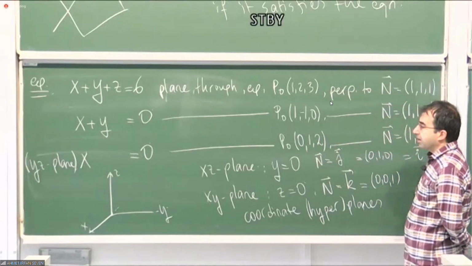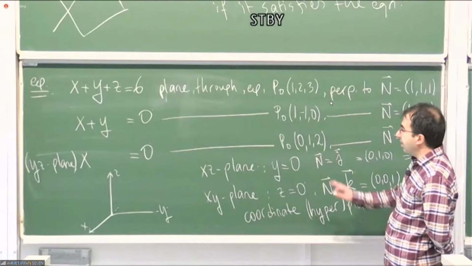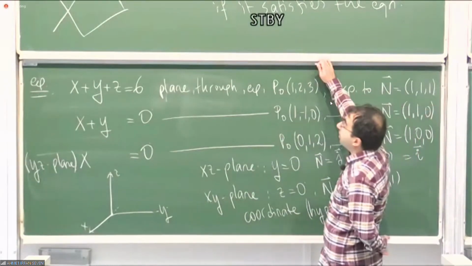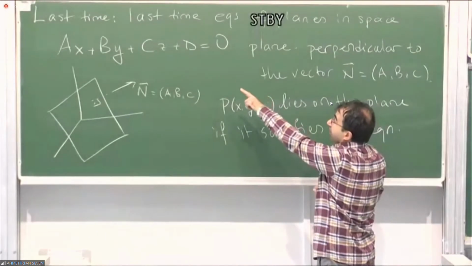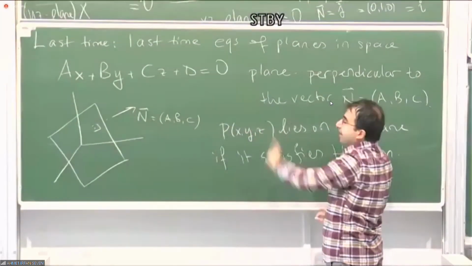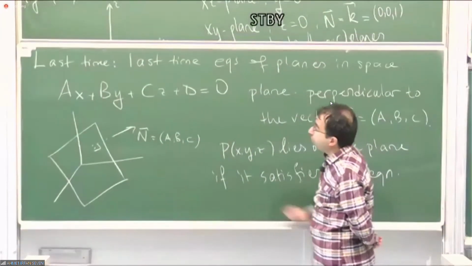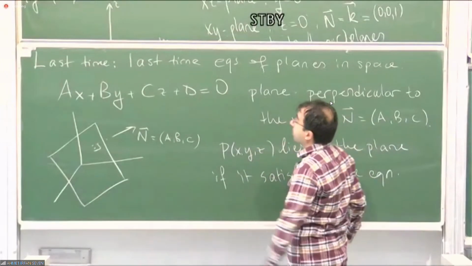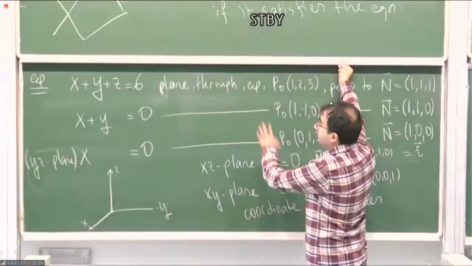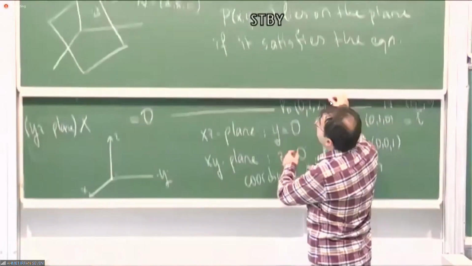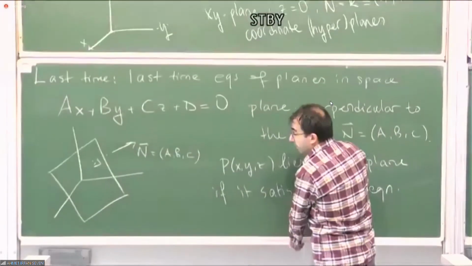And the thing to keep in mind is that they have equations of this type. So any plane in space will have an equation like that. These are examples, and we have many examples, as we will see. All right.